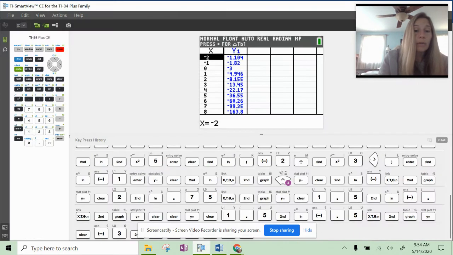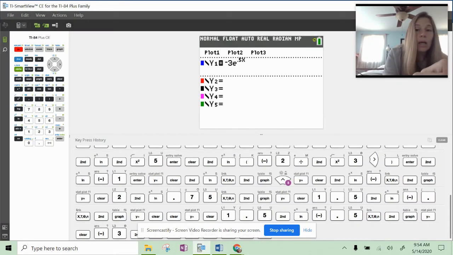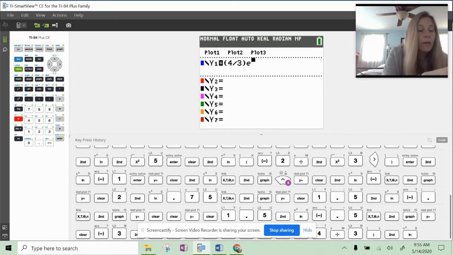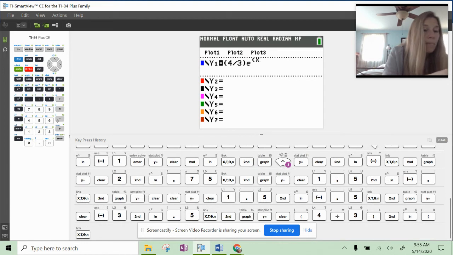So now when you go to the calculator, it can be a little tricky because there's a lot going on with these. So we have 4/3. So I'm going to put that in parentheses right there. Then we have the E raised to, and I'm going to put parentheses here, X minus 3. Close those parentheses, come back down, plus 1. So now I'm going to go to my table.